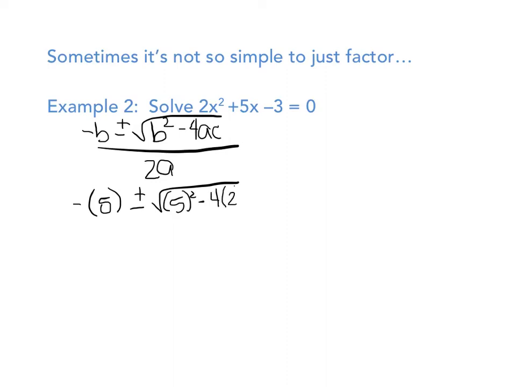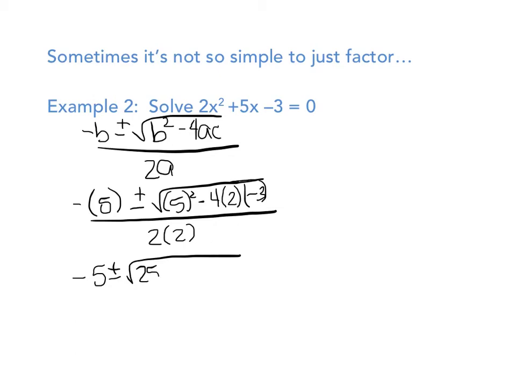A is 2 in this example. C is negative 3 in this example. All over 2 times A, which is 2. So we have negative 5 plus or minus the square root of 25. Let's see, negative 4 times 2 is negative 8 times negative 3 is positive 24.